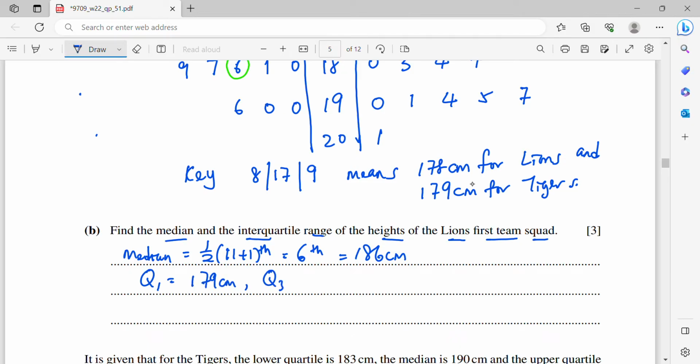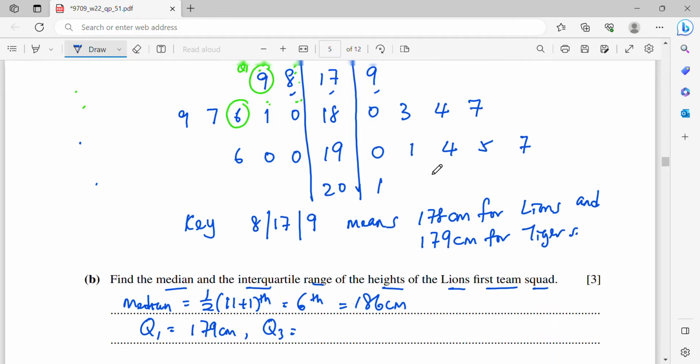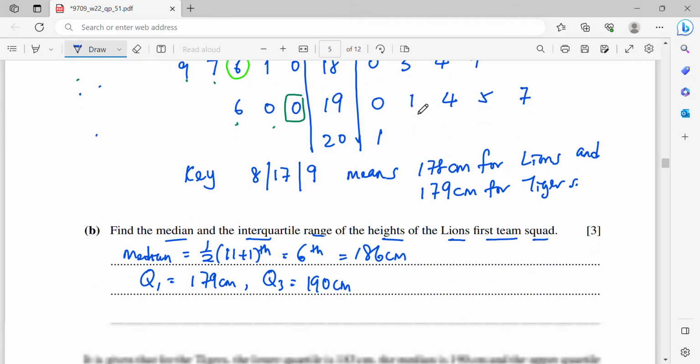Then my Q3, the upper quarter, 75%. So you need to count from the back. This is the largest, so 1, 2, that means this is my Q3, 190 centimeters. Now my interquartile range.